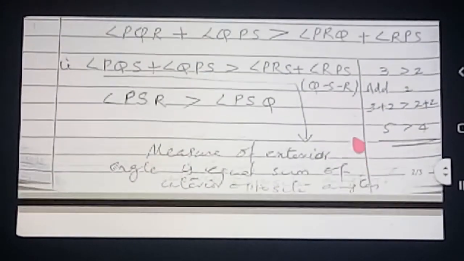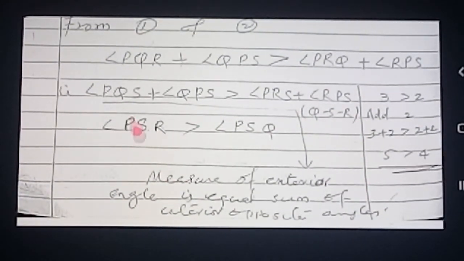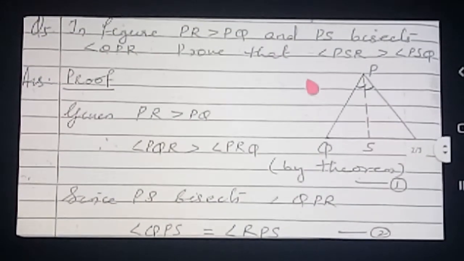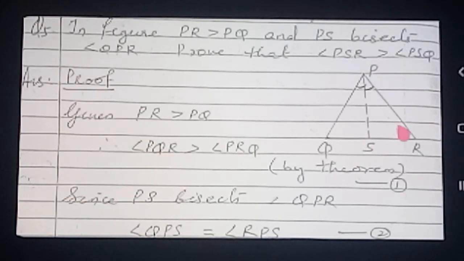See here, PSR is written. Angle PQS plus angle QPS equals angle PSR. Here also the same: angle PRS plus angle RPS. That we can also see from the diagram. What will it be? Angle PSQ. This is the exterior angle of triangle PSR.